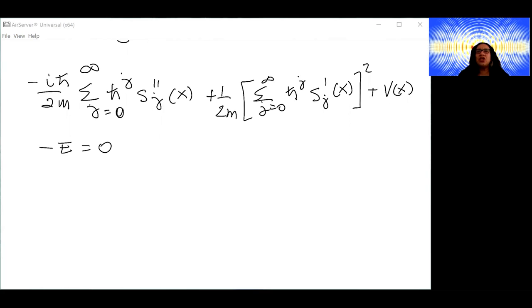Okay, so we're going to look at terms which correspond to matching powers in h bar, and we're going to demand that they independently sum to 0.